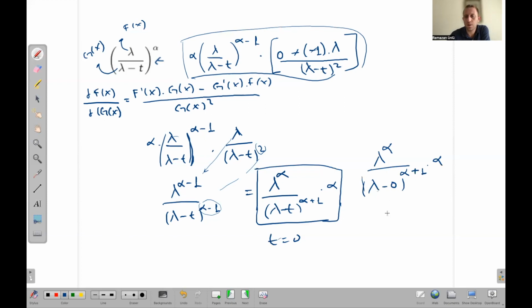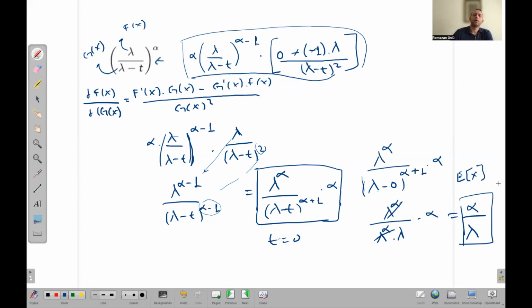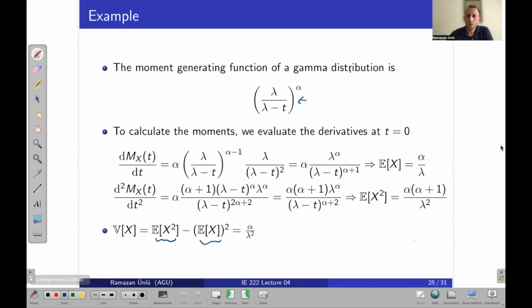So this will equal lambda to the alpha divided by lambda to the alpha times lambda times alpha. So these will cancel each other, and I will end up with alpha over lambda. So this is the first moment of the gamma distribution, which is the expected value of x. Okay. Now, which is alpha over lambda. So we have calculated that one.